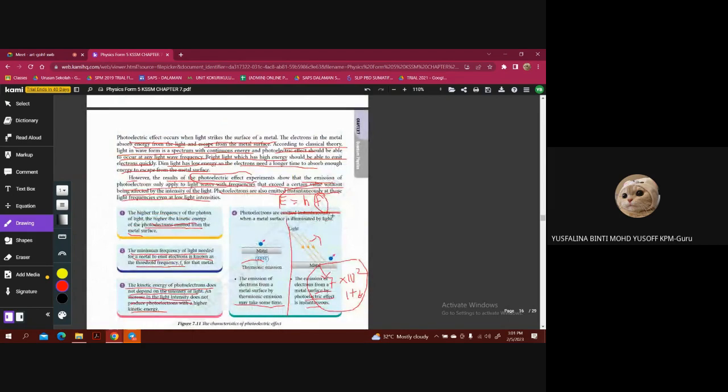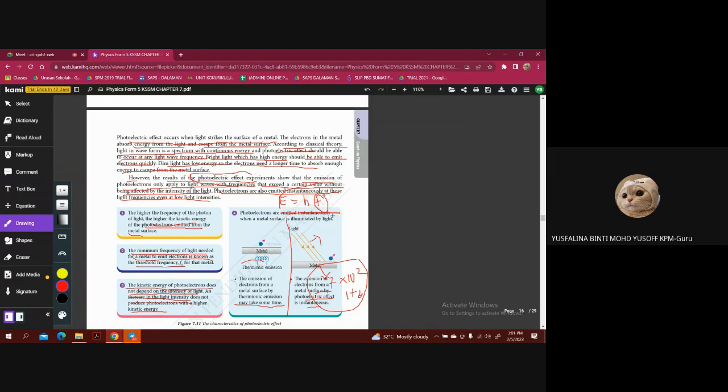So I hope you can understand, the photoelectric effect is actually when they give light to the metal surface. Then when the light has enough frequency and hits the metal, the metal can emit the electron, and the electron we call a photoelectron.